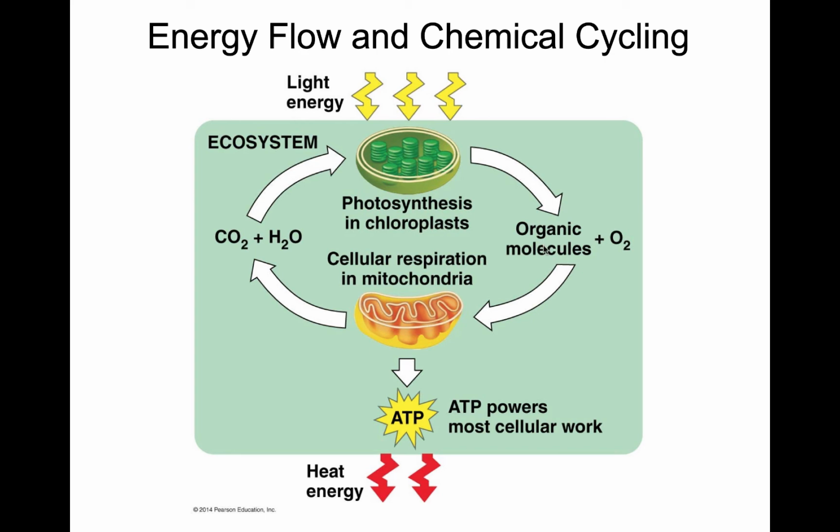Okay? Taking CO2 and taking water and putting them together and making organic molecules is a very energy-intensive process. And ultimately, where life gets the energy to do this is from sunlight.